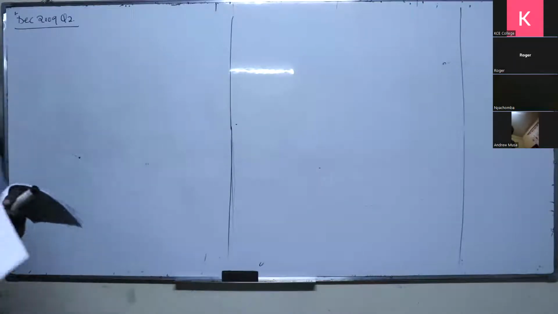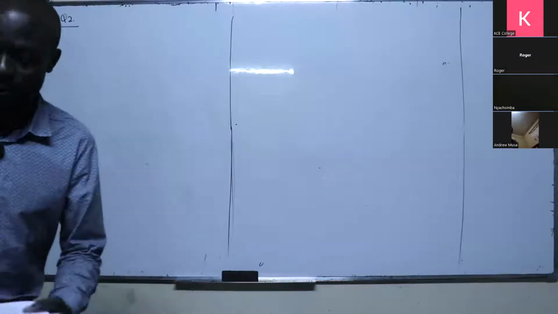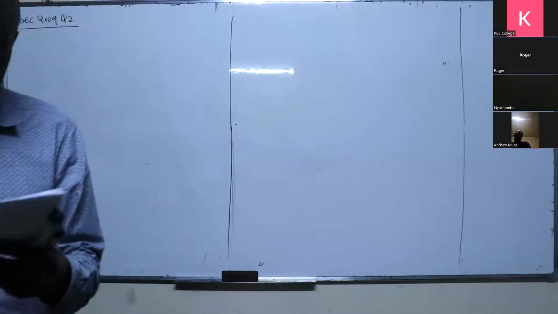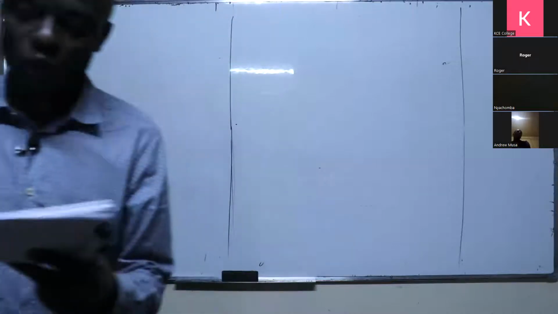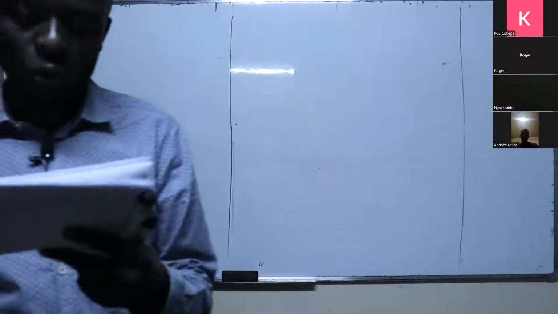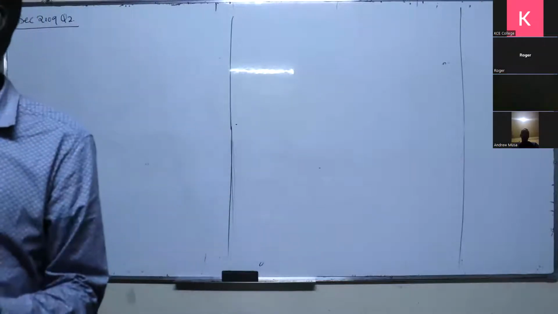So now, they want us to determine the marginal cost of capital, isn't it? Marginal weighted cost of capital. So remember the difference between weighted average cost of capital and marginal cost of capital is that for the marginal, we are raising new funds, isn't it?